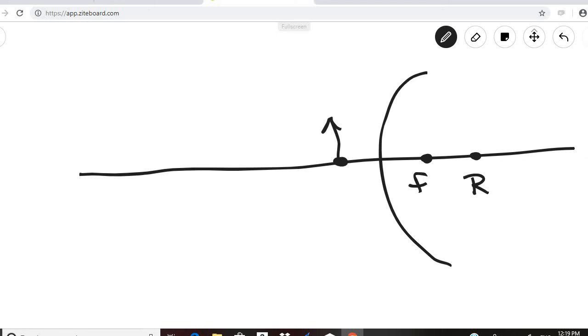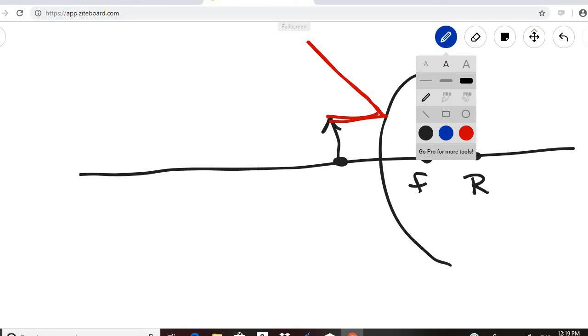Okay, so the first line, which we'll draw in red, will go in horizontally, and it will reflect out as if it came through the focal point. Okay, that's the first one. Then the second one will go in as if it were going to go through the focal point.